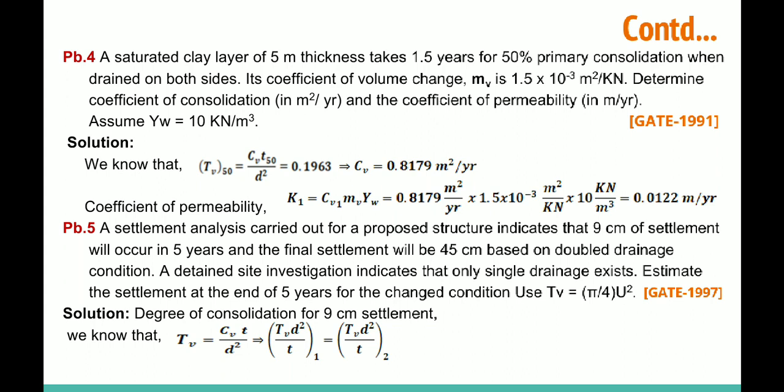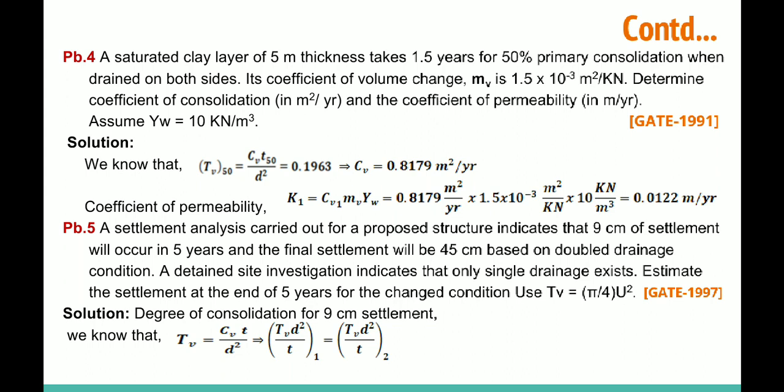But in the first case, there is a double drainage condition. See, in both the field and the laboratory, the coefficient of consolidation will not change. So we can equate the coefficient of consolidation from both relations.